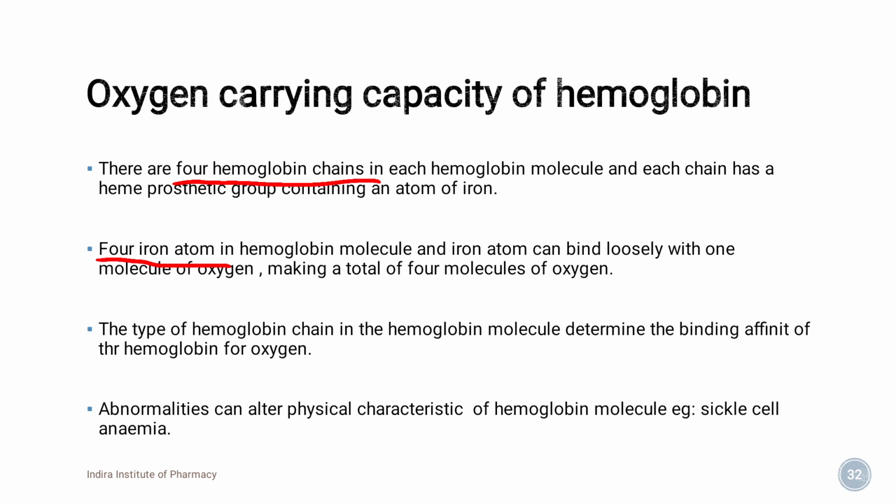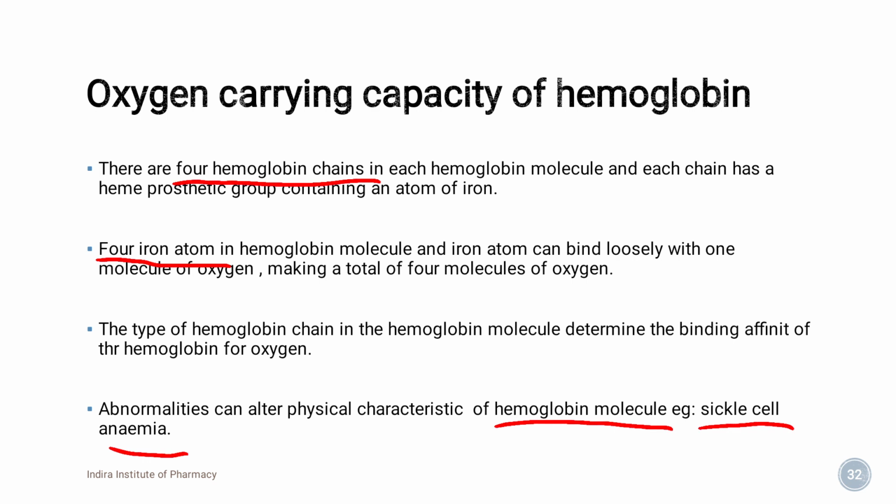If there is any abnormality or disturbance that alters the physical characteristics of the hemoglobin molecule, it will lead to diseases like sickle cell anemia.